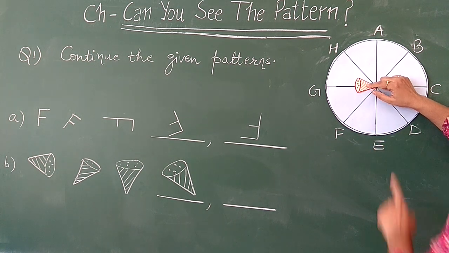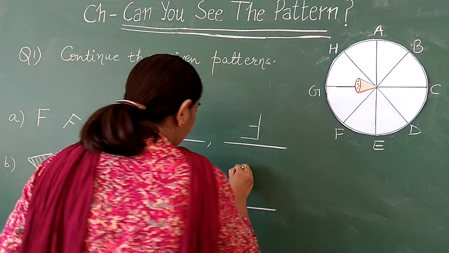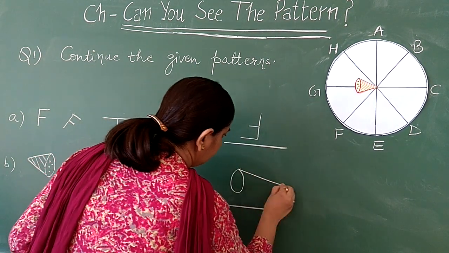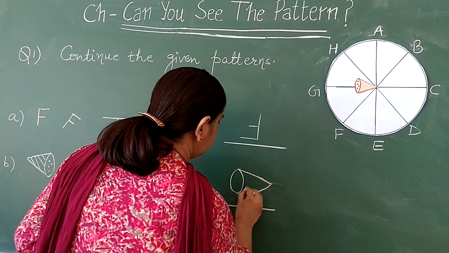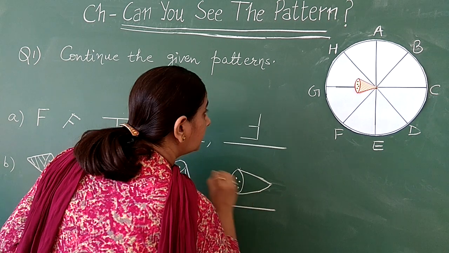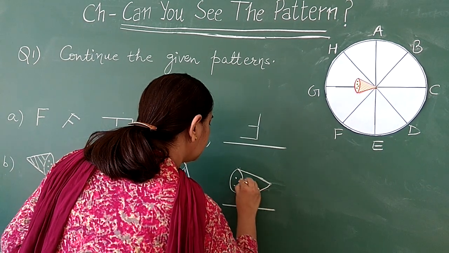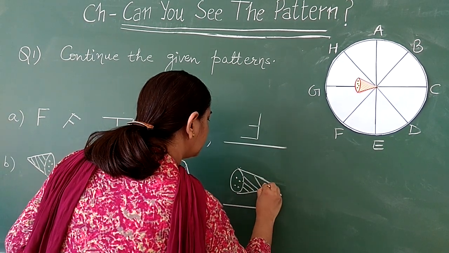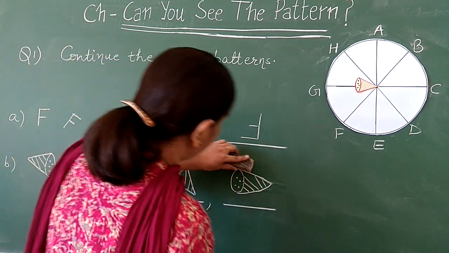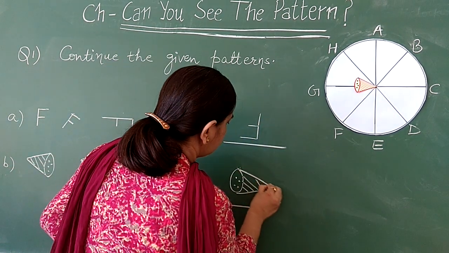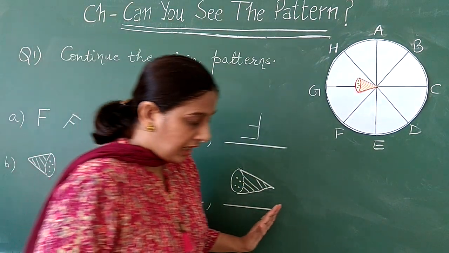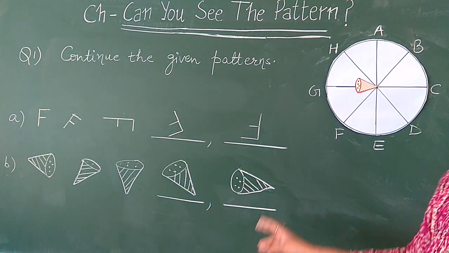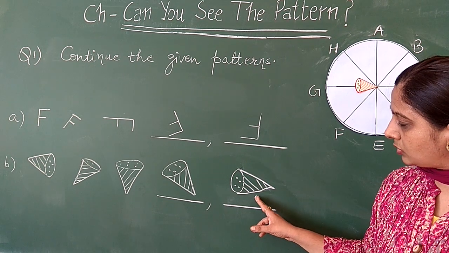Now it is looking like this. So after taking 1 by 8th turn in anti-clockwise direction, this ice cream will look like this.